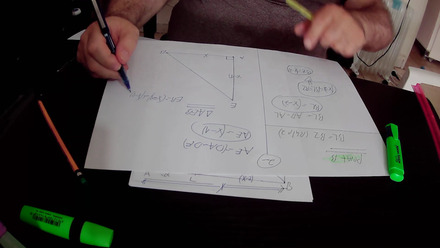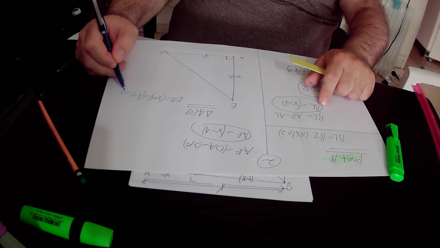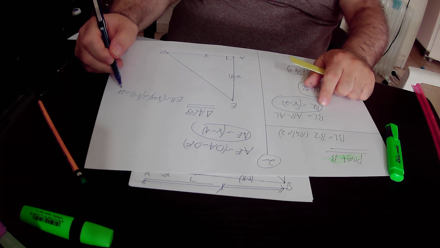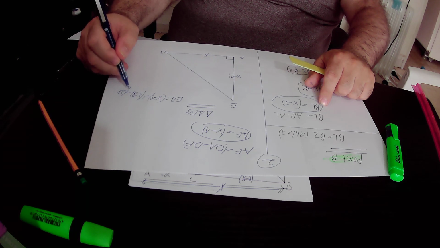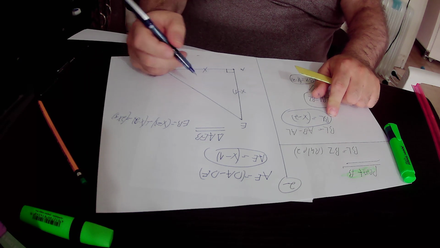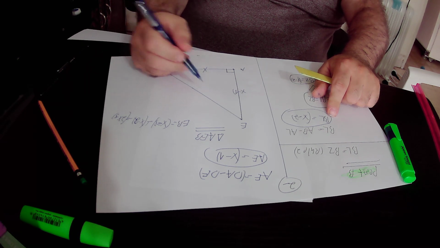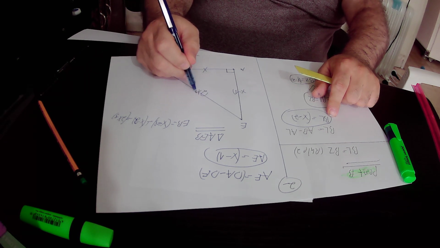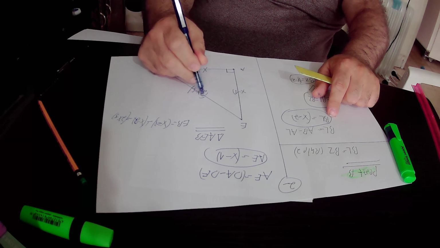That is to say, x plus x is 2x, and minus 3 plus minus 2 is minus 5. So in conclusion, I found out that the hypotenuse EB equals 2x minus 5 units.